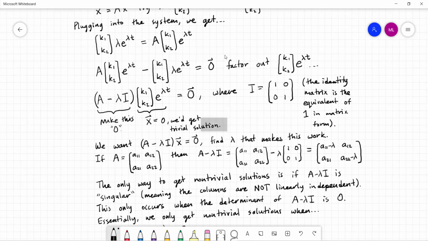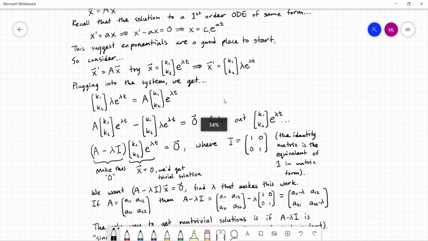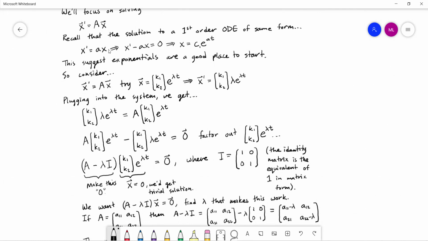We started with, okay, so let's go back to the theory here. We started with this differential equation. We said we want to find, assuming that our solution takes this form, which seems like a good guess to start with based on what we saw with single equations for first order differential equations. So we said, okay, let's assume this is the form of our solution.